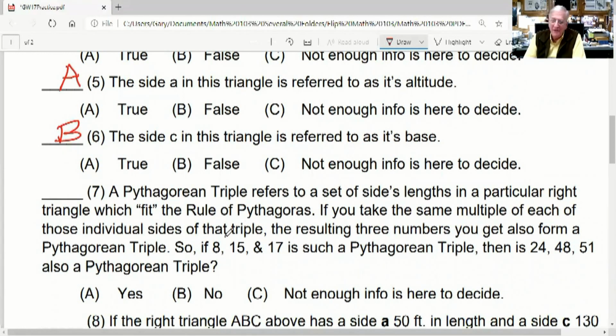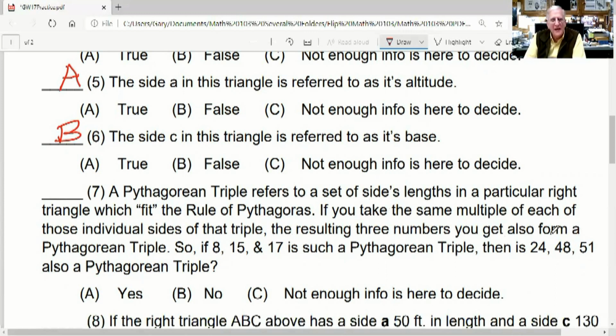So if I have an 8, 15, 17 sided right triangle, which is a Pythagorean triple, would it then be true that this group of sides, 24, 48, and 51, notice the 51 would be the hypotenuse, the longest side, would this be a Pythagorean triple?